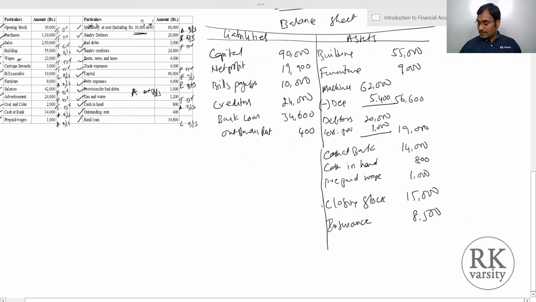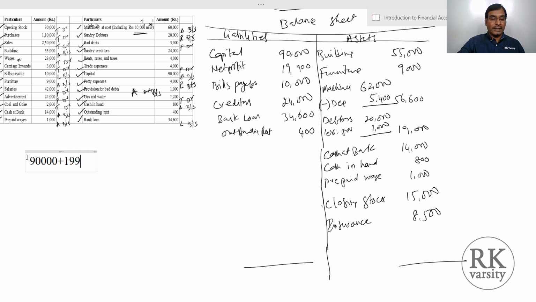Then let us check. So first we look at the liability side. 90,000 plus 19,900 plus 10,000 plus 24,000 plus 34,600 plus 400, 1,78,900.